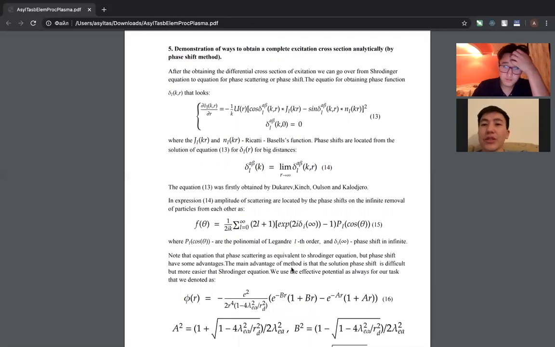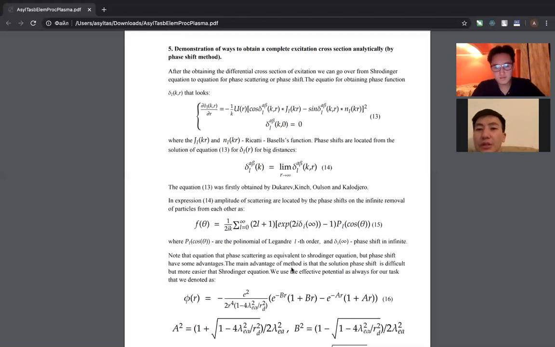This equation was first obtained by Drukarev, Kynch, Olson, and Calogero, and in expression 14, the amplitude of scattering is found from the phase shift at infinite removal of particles from each other, as in the formula written in 15, where P of cosine theta are the Legendre polynomials, as shown in the second part.